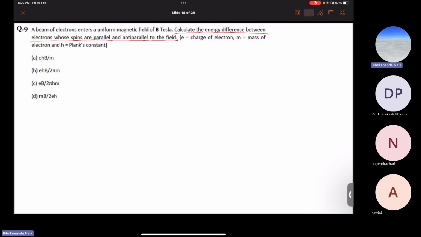We know the interaction energy between a magnetic dipole and a magnetic field is given by E equals minus mu s dot B vector.